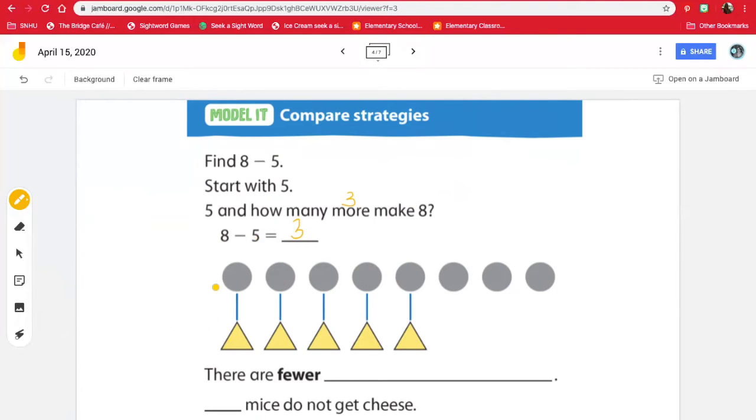So in our picture, we have our mice that are gray circles and our cheese that are yellow triangles. Here we matched up the cheese to the mice. So which one has the least amount? The cheese. The cheese has the least amount. So there are fewer cheese.